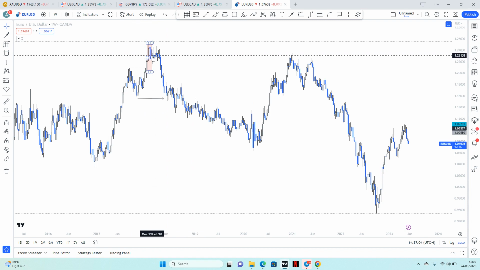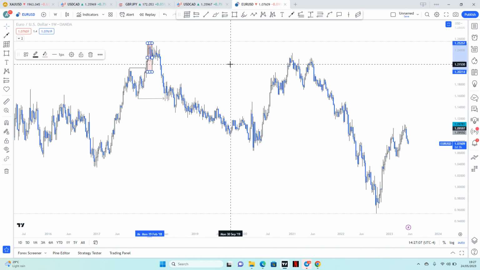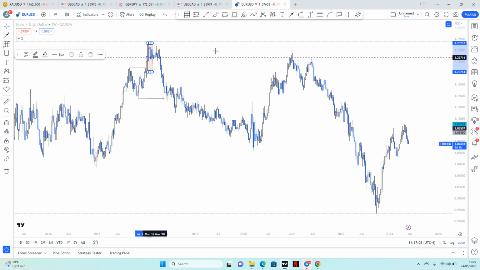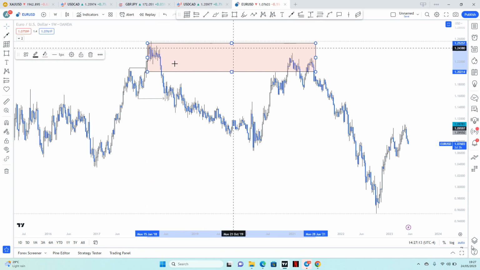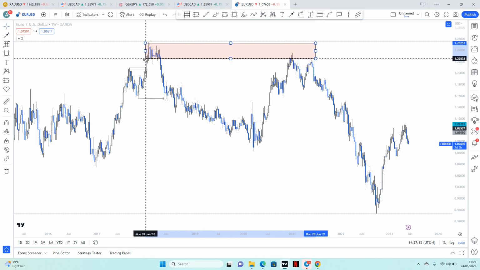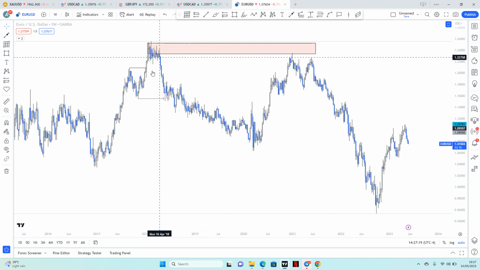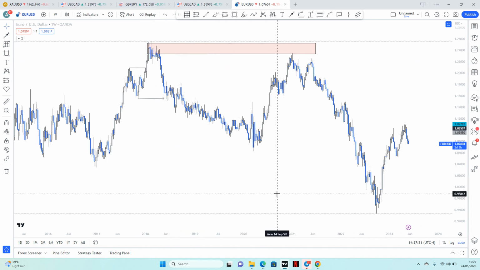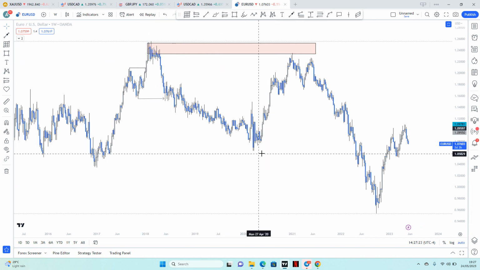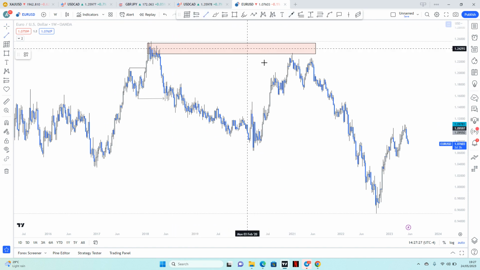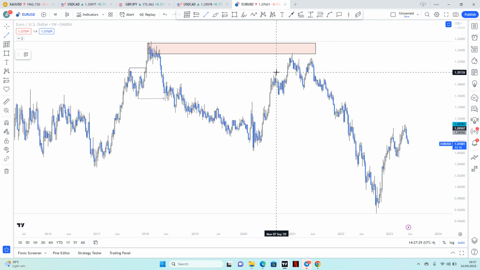But for the sake of clarity, for the sake of precision, we refine them to the last candles. Maybe this or maybe this. Once this happens, price is definitely going to come back to tap into it. And then before it taps into it, it has to leave an inducement.